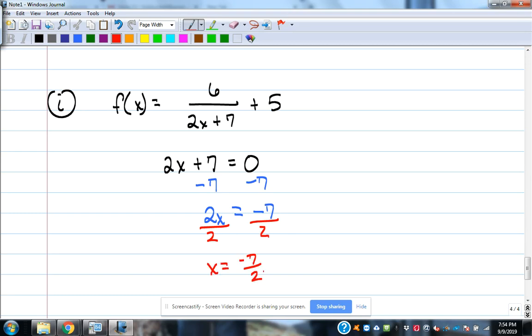Leave it as a fraction. Don't convert to a decimal. Leave it as a fraction. So in our domain, set builder notation, what goes on the other side of the bar? Goes over here in this area.